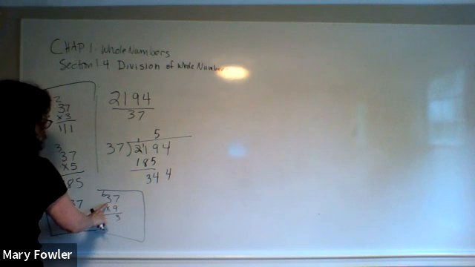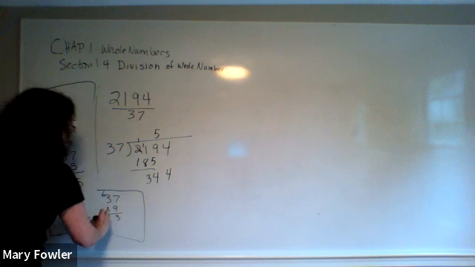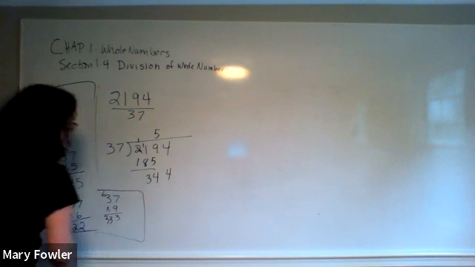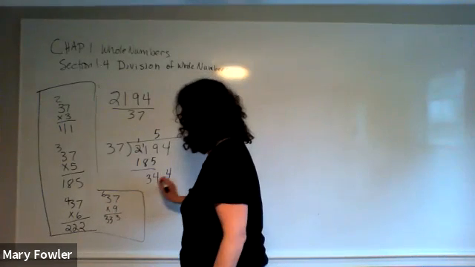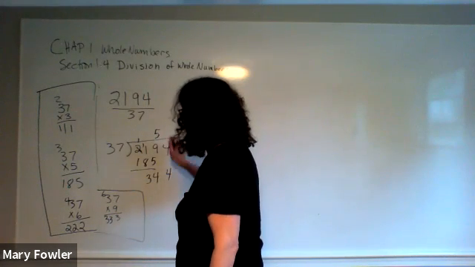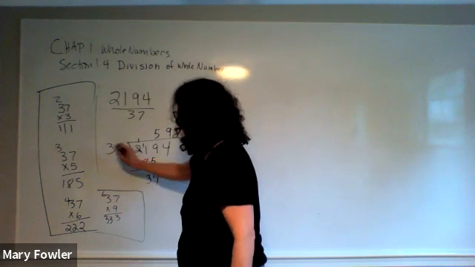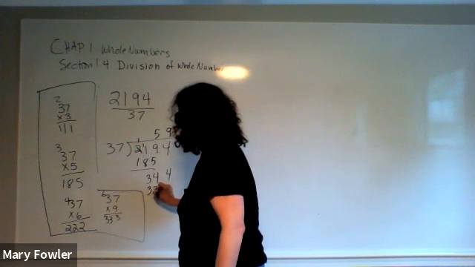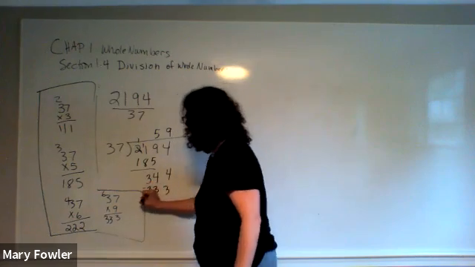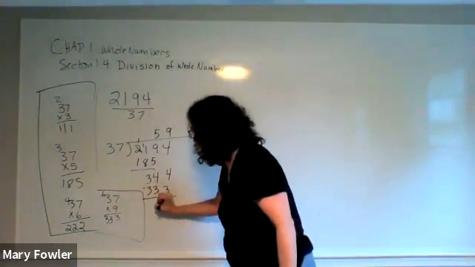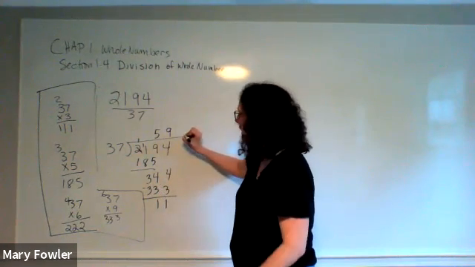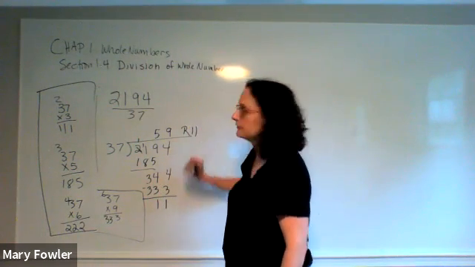And 9 times 3 is 27, plus 6 is 33. Okay, so in fact, 37 goes into 344 9 times, and 9 times 37 is 333. Okay, and now we subtract. We have a remainder of 11.